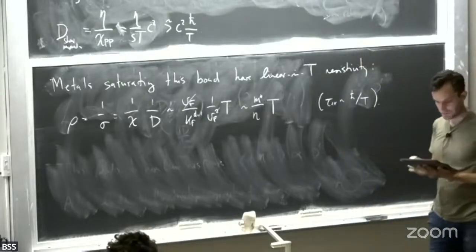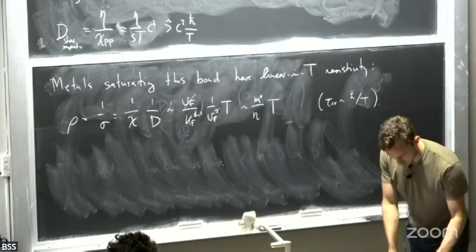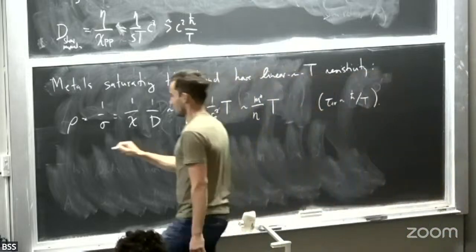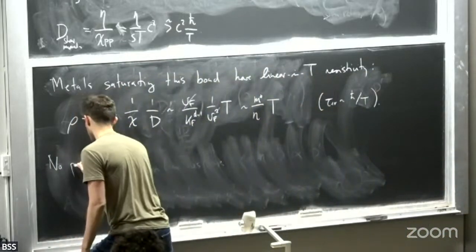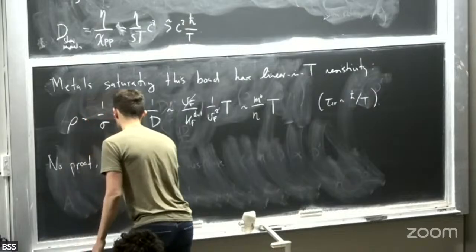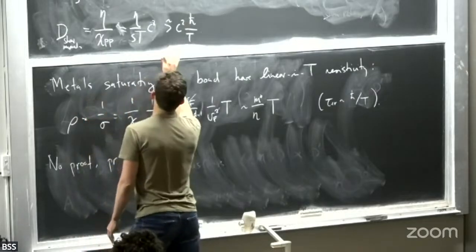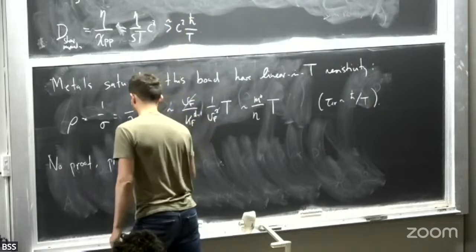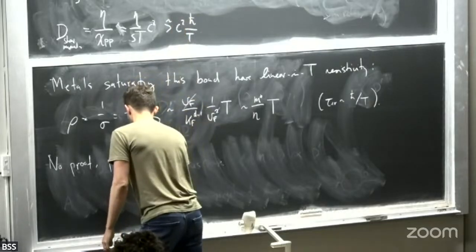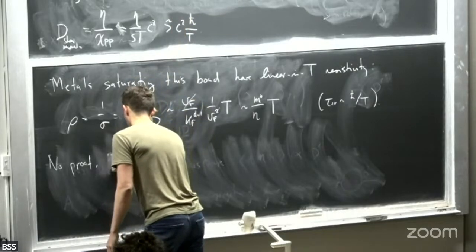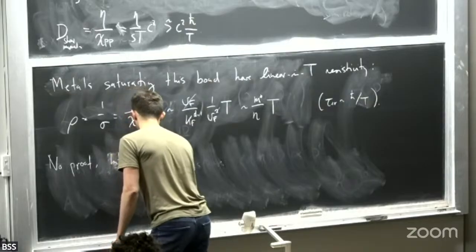So this bound, if it were true, would be doing the right thing. There's no proof of this bound, but there has been progress on a related bound that actually goes in the opposite direction, which I'll talk about in a bit.